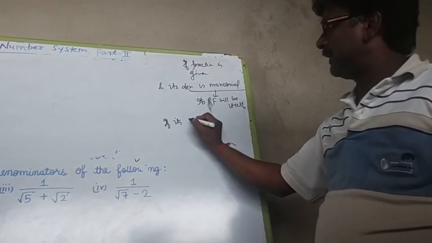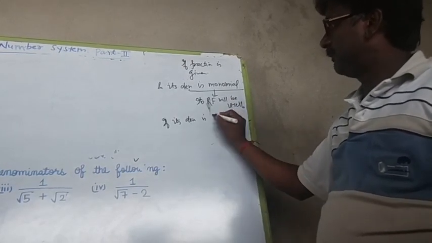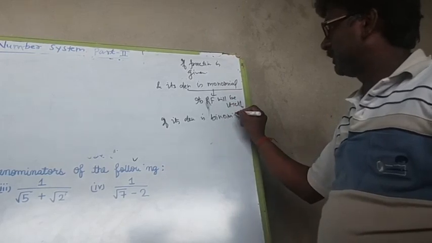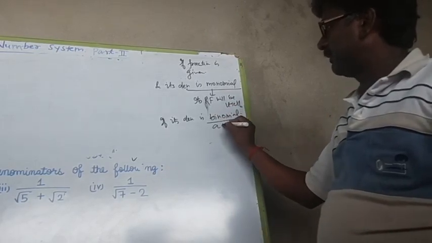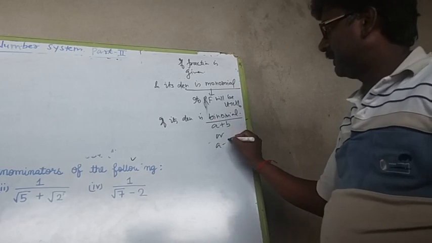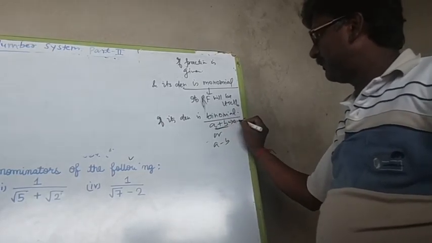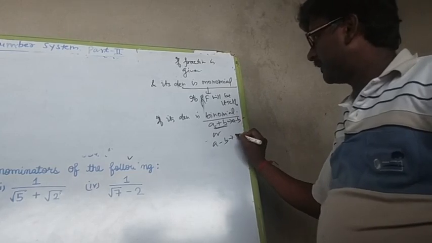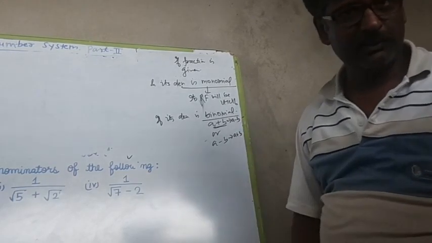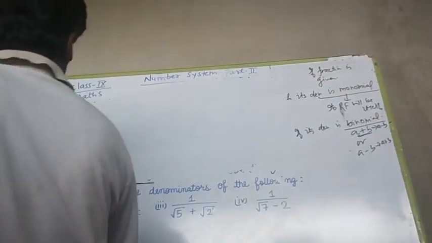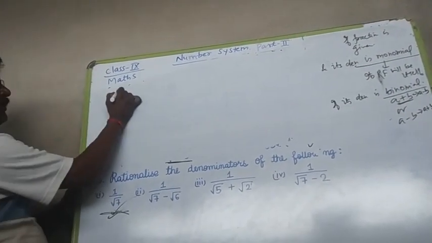If the denominator is a binomial, say a plus b or a minus b, then the RF of a plus b will be a minus b and the RF of a minus b will be a plus b. Now see the question. Just take an example: 1 by root 7.